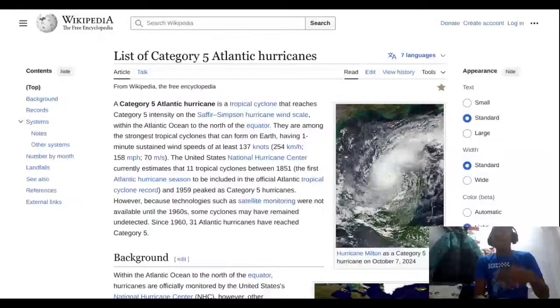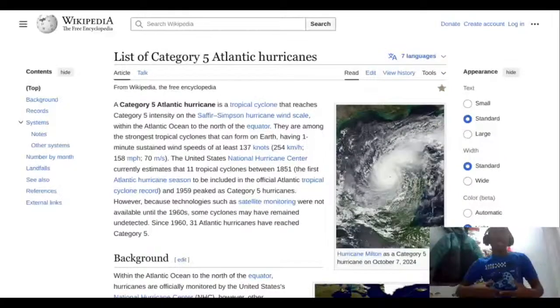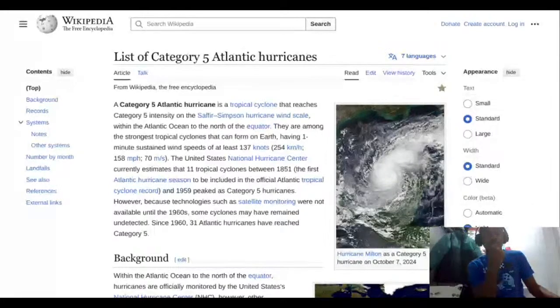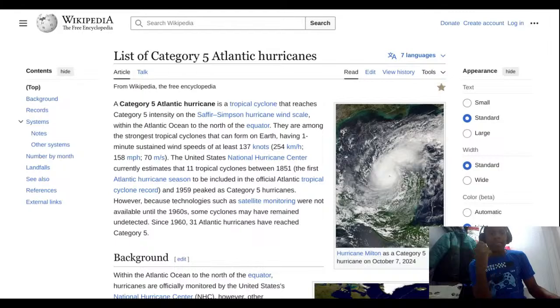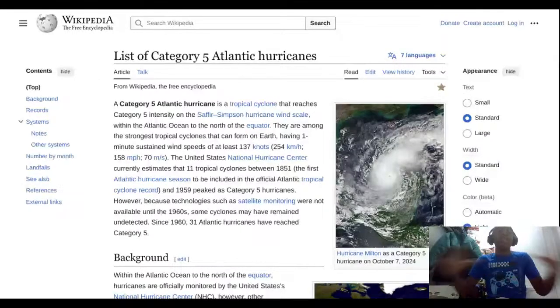Most likely, the hurricane wind speeds were very... Let me see. How can I put this? The tornado wind speeds way back in the 1700s, the 1800s, the 1900s were very devastating.